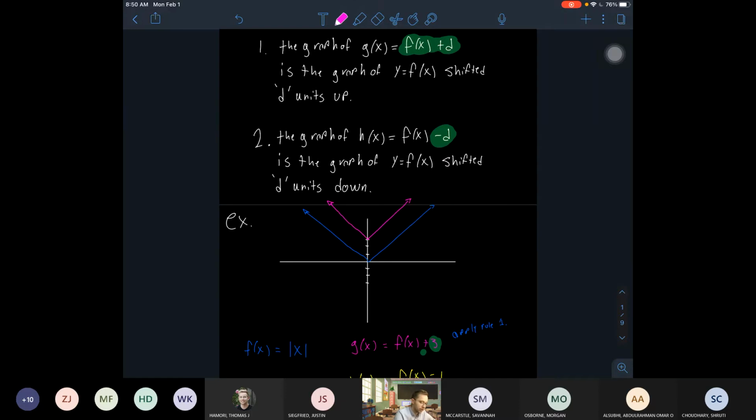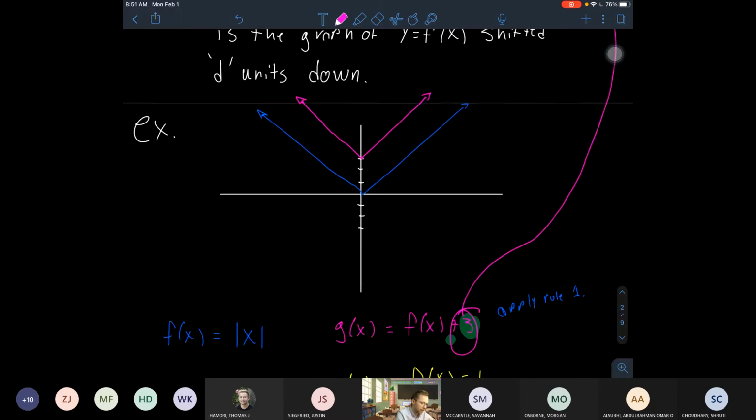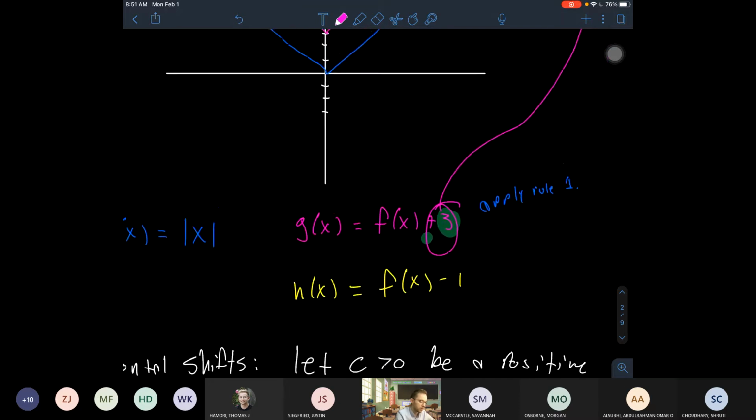So I just took the number 3 here, and I substituted for d in this equation, and I said, okay, the graph of g of x equals f of x plus 3 is the graph of y equals f of x shifted 3 units up.